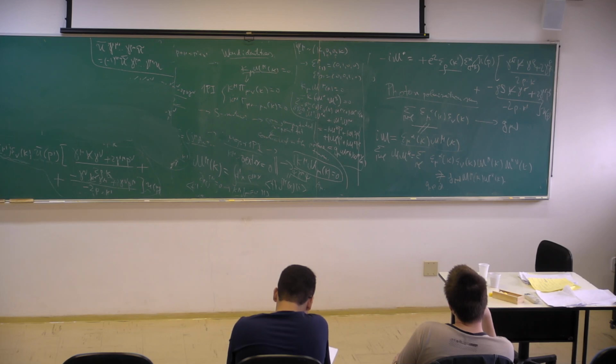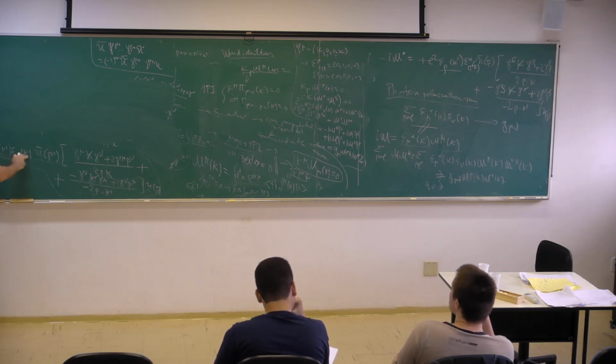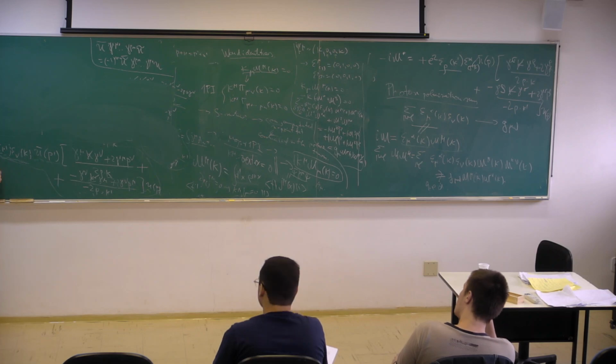So let's write what we get. We have minus e squared times plus e squared, so minus e fourth. Then from here I have minus epsilon mu star of k prime, epsilon mu of k, and from there we have epsilon rho of k prime, epsilon sigma star of k.